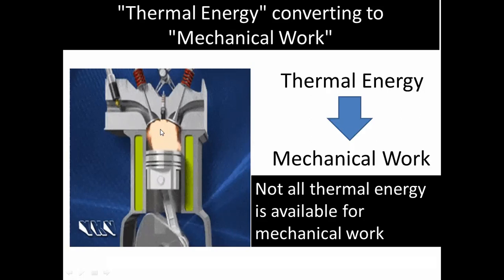But you can see these molecules move randomly. That is random. So that also contributes to the unavailability of a portion of the thermal energy. So you have to listen very well, and you have to imagine this very well.